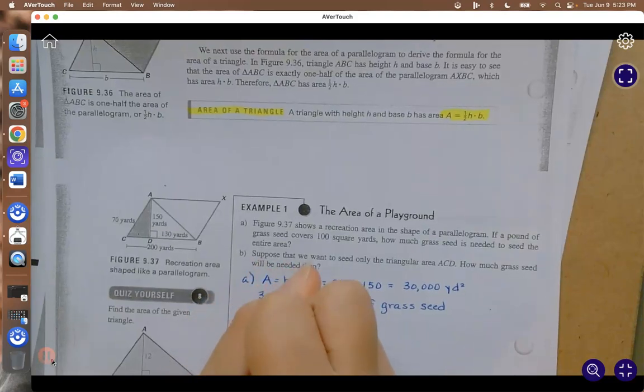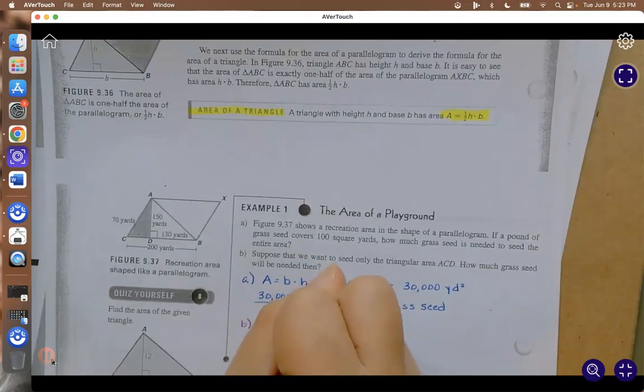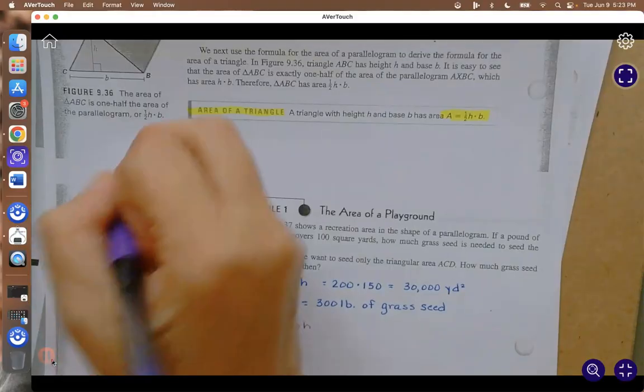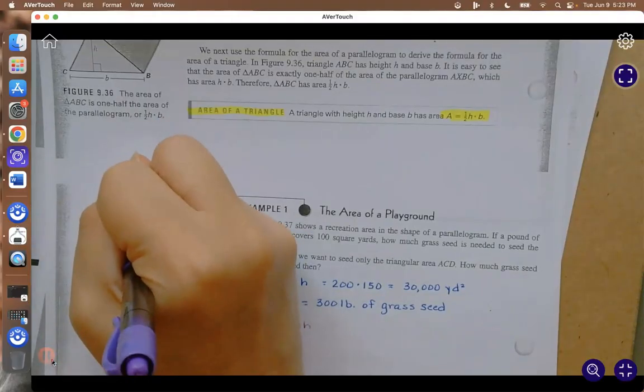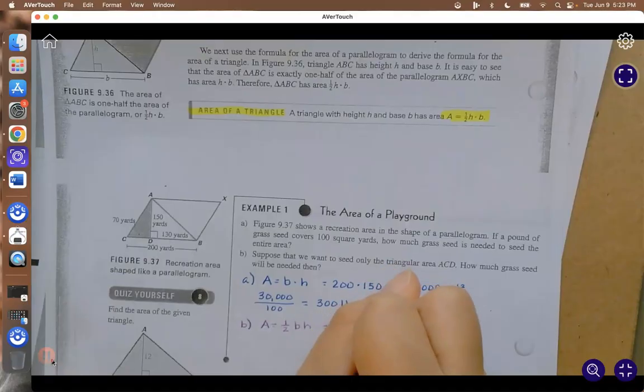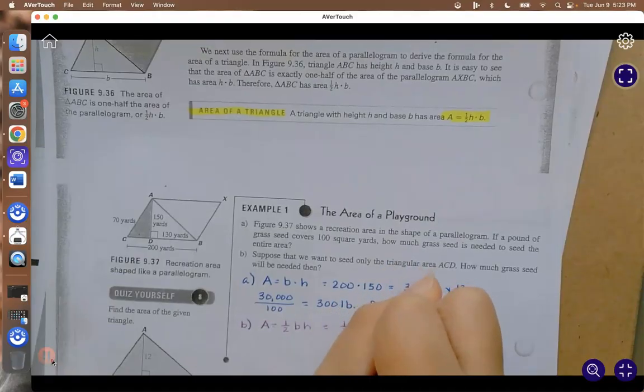So the area of a triangle is 1/2 base times height. Now, you can't see it very well, maybe on your paper you can, but the base of this is 70 and the height is 150.